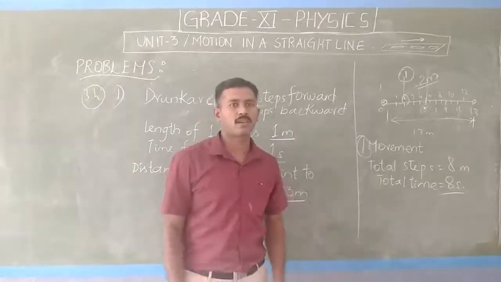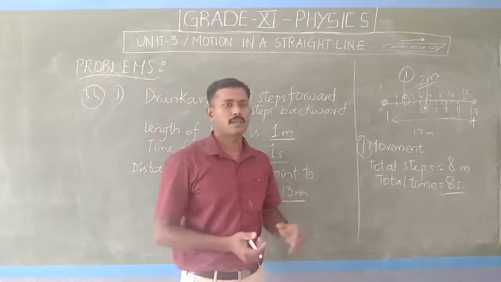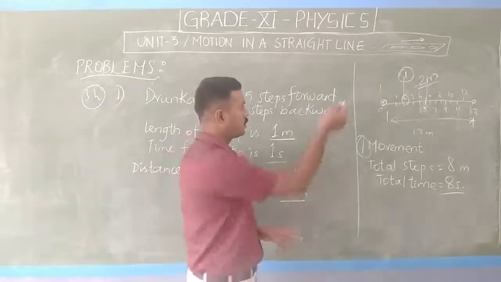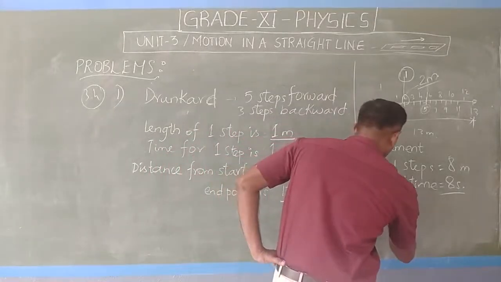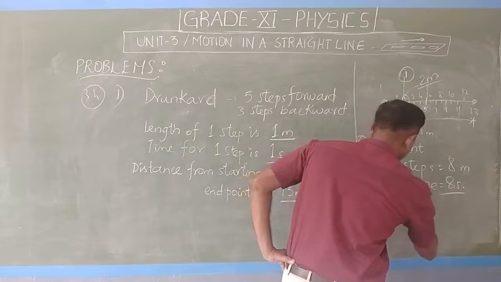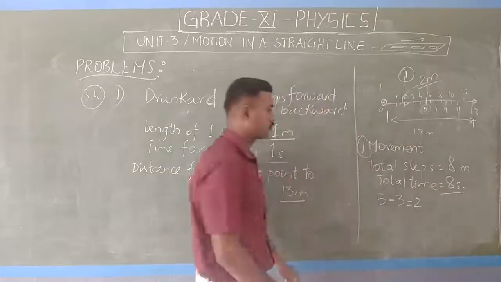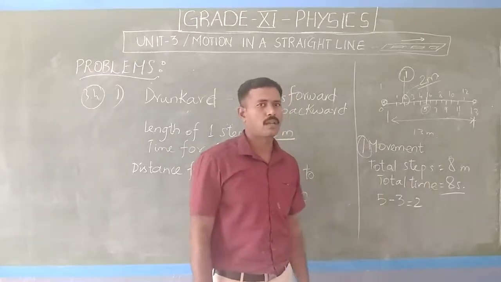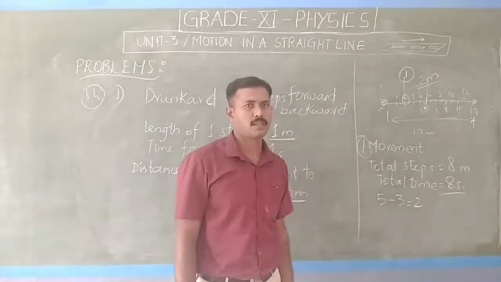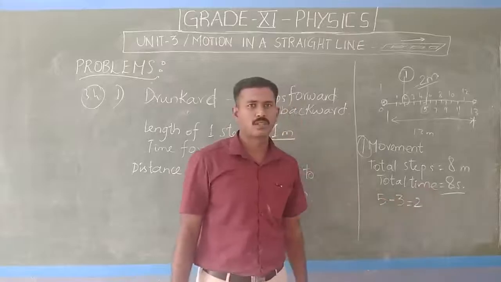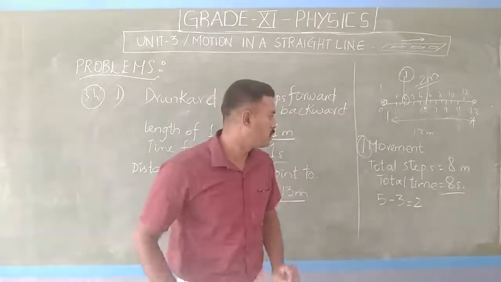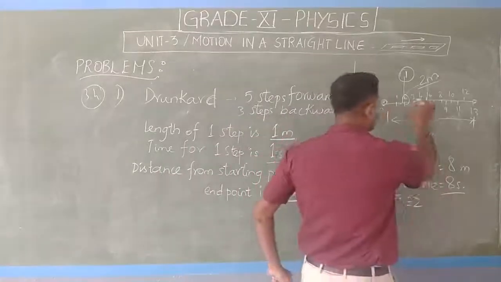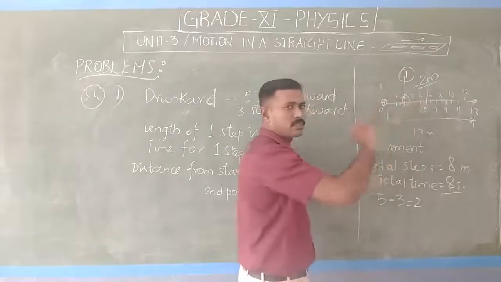Some other logic in mathematics is, you can write 5 minus 3 is 2. I will solve with a simple algebraic expression. 5 minus 3 is 2. Clear? Because you cannot go on determining the seconds continuously.